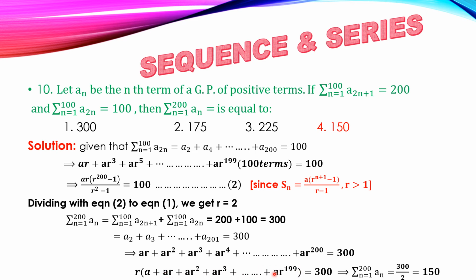Now the values of this one can be written in summation form, that is summation n equals 1 to 200 of an, that equals 300 by 2. Therefore 300 by 2 equals 150, which is our answer, option 4.